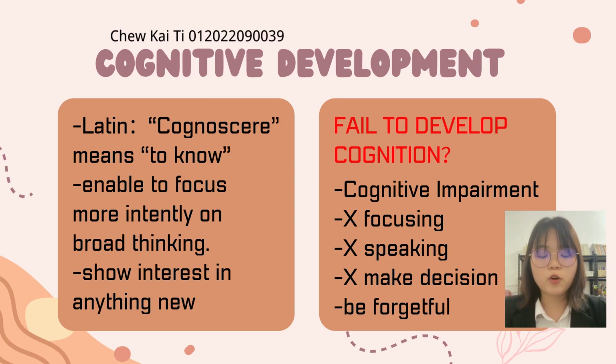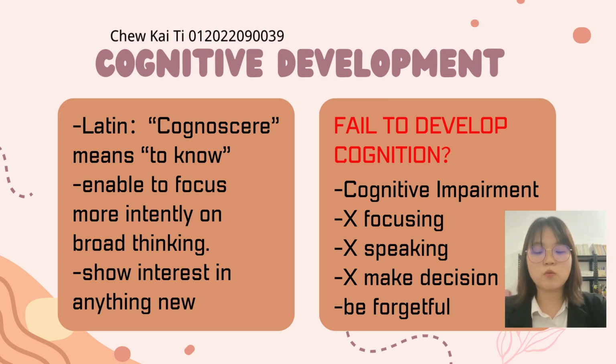For a child that fails to develop cognition, they face some problems. One of the problems is cognitive impairment. Based on my research, cognitive impairment will cause students difficulty focusing in class, trouble speaking in certain languages, inability to make decisions, and lastly, they will be forgetful.